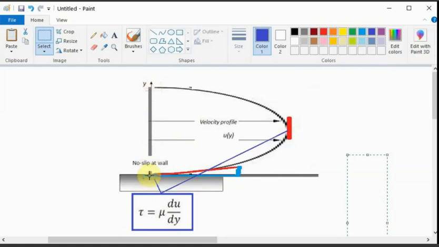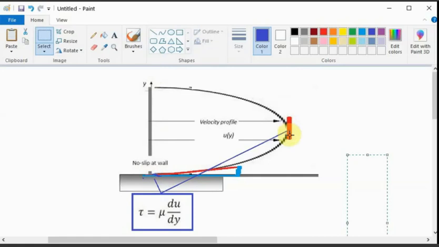As you can see, the fluid at the bottom has zero velocity, and this is called the no-slip condition, and we have the highest shear stress there because the velocity gradient at the wall is very high compared to the rest of the fluid, right?